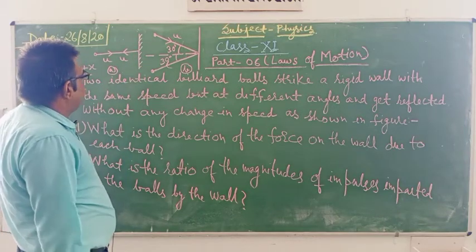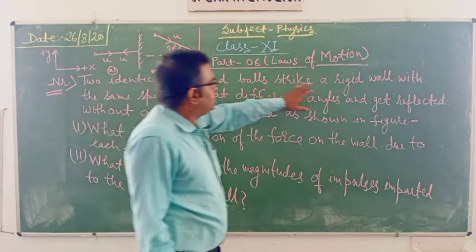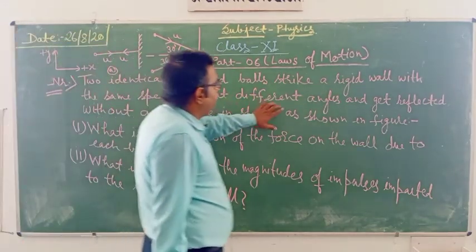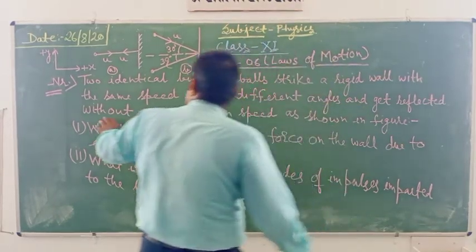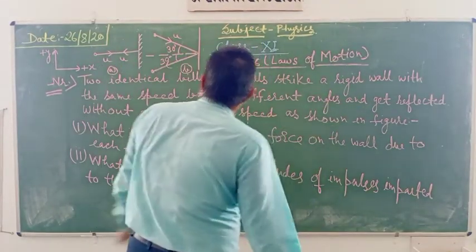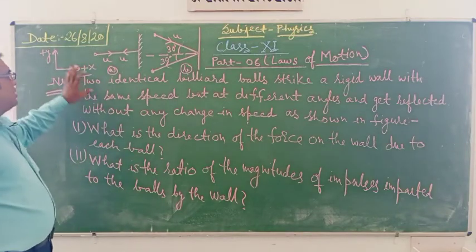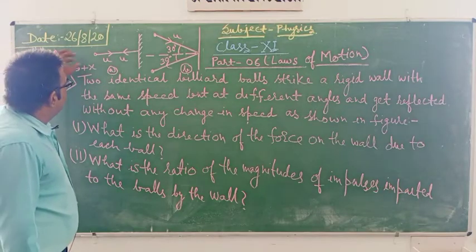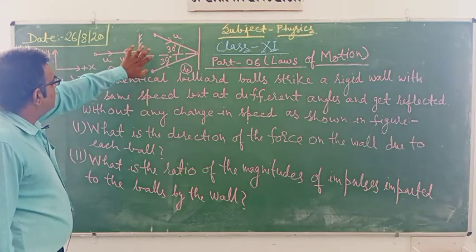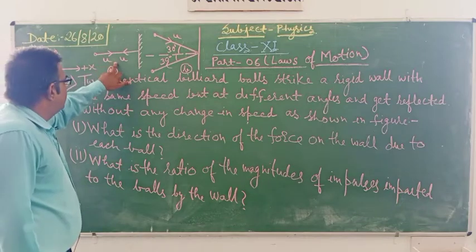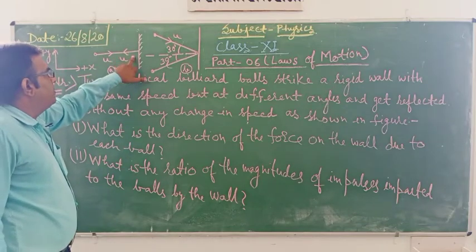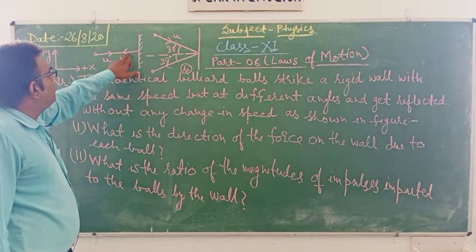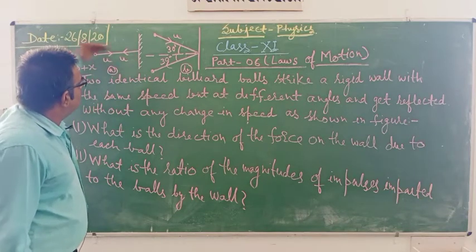And there are two identical balls that strike the rigid wall with the same speed, but at different angles, and get reflected without any change in the speed as shown in the figure. There is no change in the speed, and the ball goes to the wall, strikes the wall and comes back. Here it is striking the wall with an angle of 90 degrees with the horizontal, or with the angle of 0 degrees with this axis.